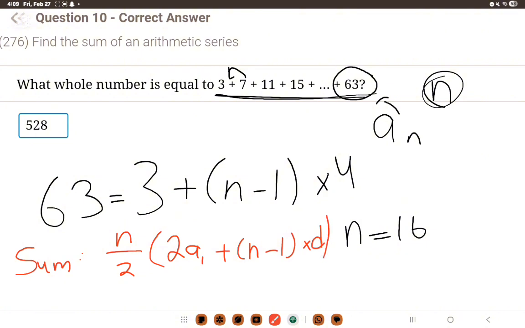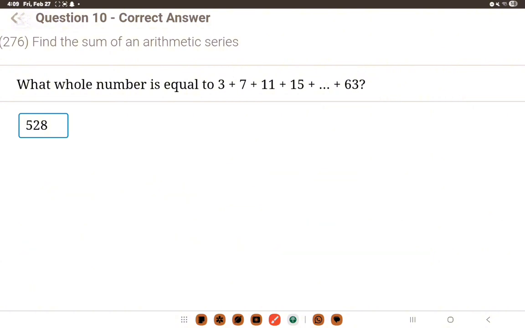Now we have every piece of information we need. n is equal to 16, a1 is 3, d is 4. That's all you need to do. So 16 over 2 multiplied by 2 times 3 plus 16 minus 1 multiplied by 4, we get 528, which is correct.